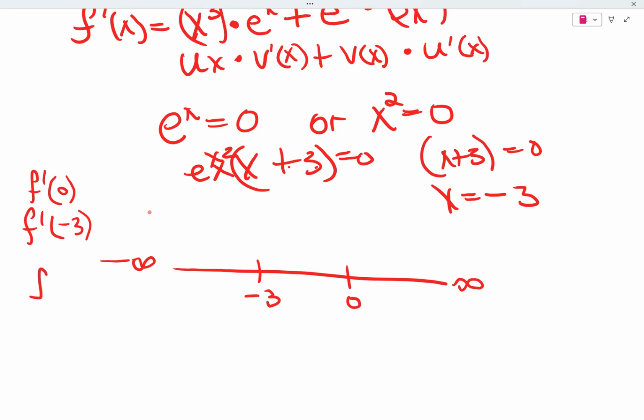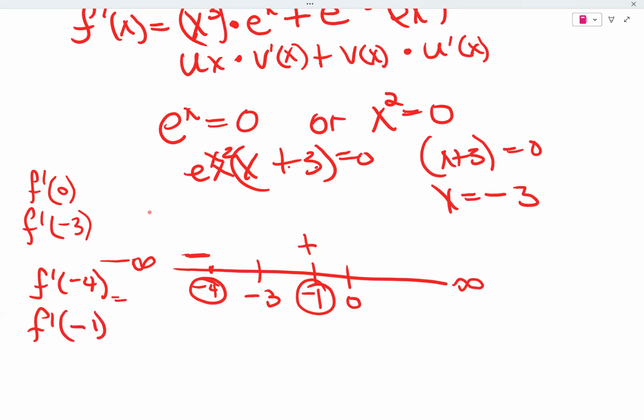So if I do f prime, the first derivative for -4, I'll notice using that test point that my answer will end up being negative. So that's if I use -4 as a test point. Another test point would be if I use -1, which would sit in here. This one actually ends up positive. So if I do that first derivative at -1, you end up with greater than 0. Here's less than 0.